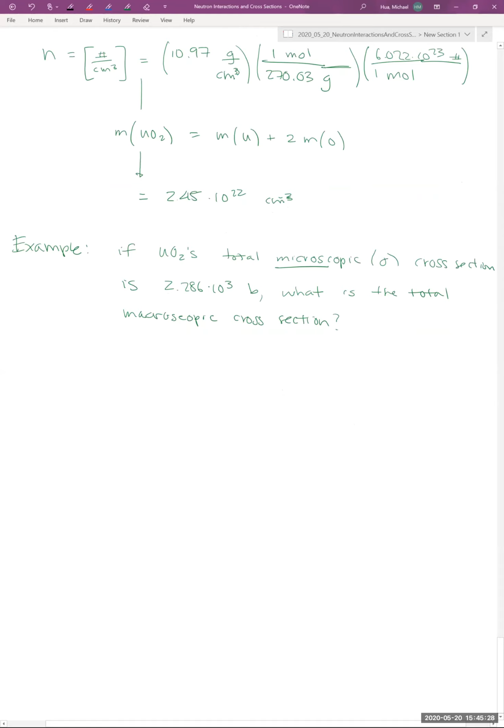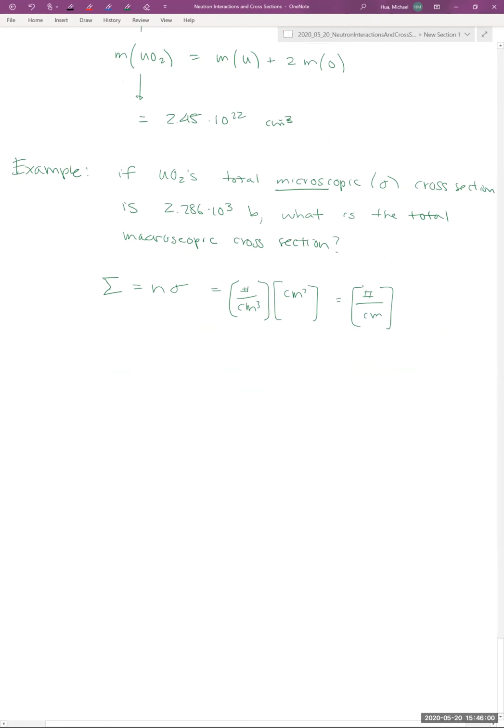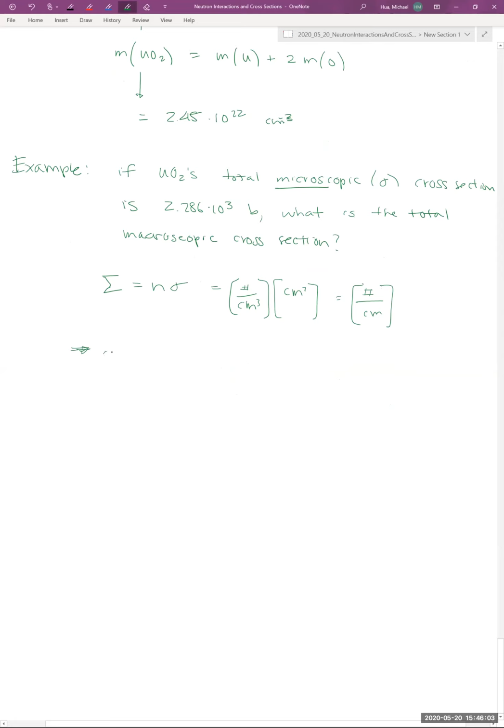So we want to use our equation, which is macroscopic cross-section is equal to density times microscopic cross-section. Right now what we have from the previous example is that n is in units of number per centimeter cubed, and currently we have cross-section in barns. It'd be nice to convert the barns to centimeter squared for later so that we have something that's number per centimeter. So convert barns to centimeters squared.